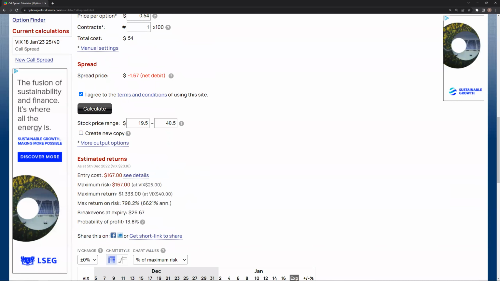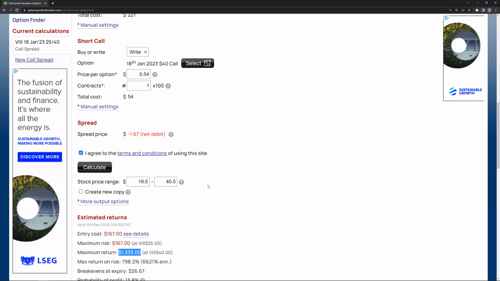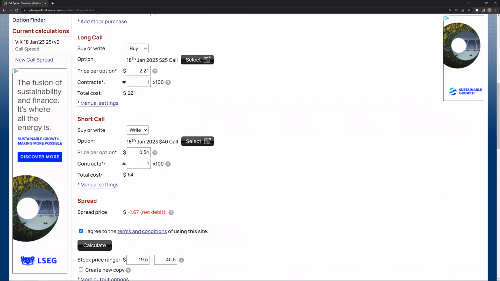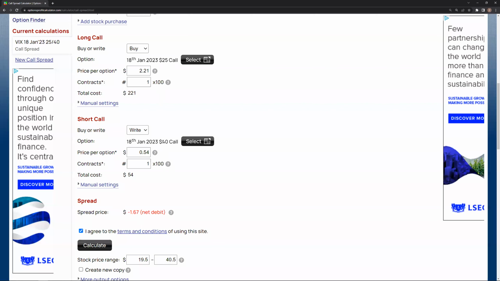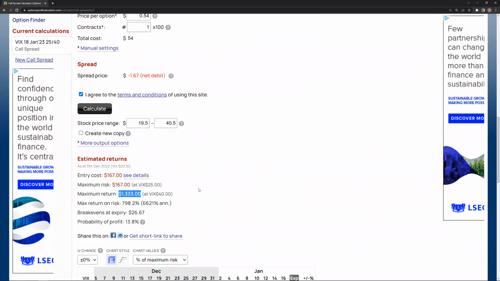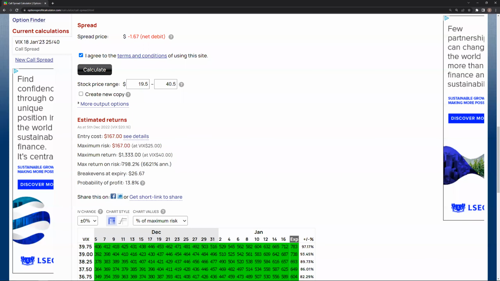And your maximum return is 1333. Your maximum return is always when VIX expires at your short strike price, which is $40. So if it expires at your short strike price, you are going to get $1,333, which gives you a 798% return on your risk.